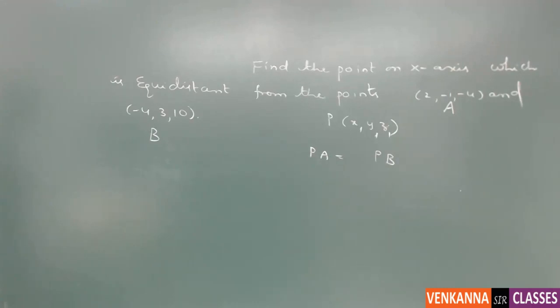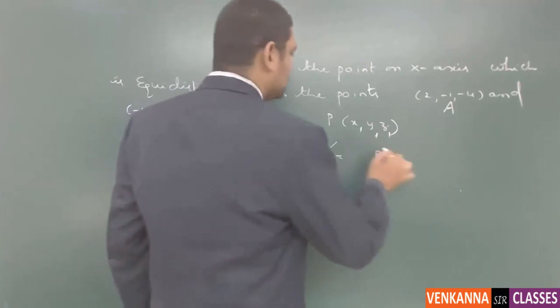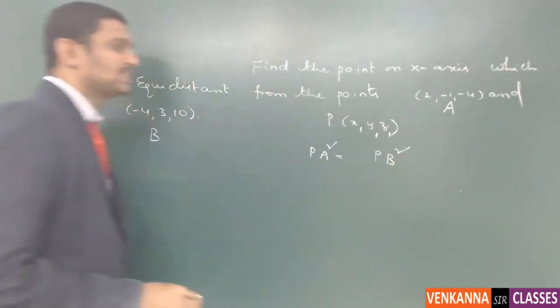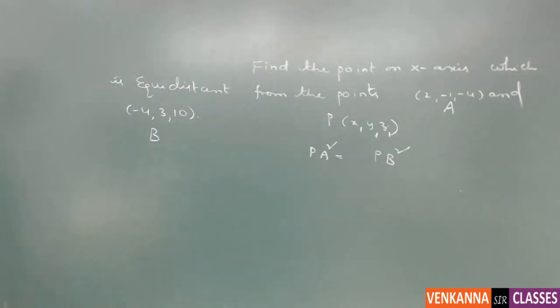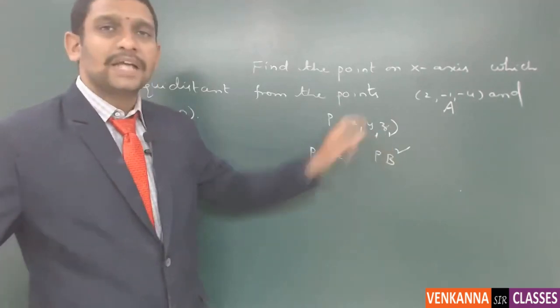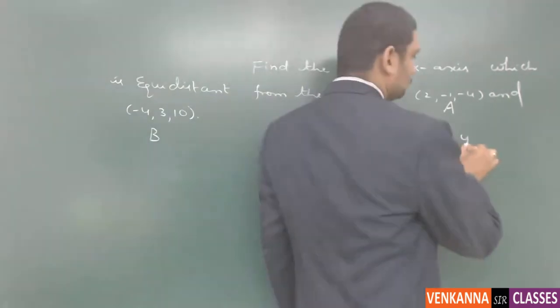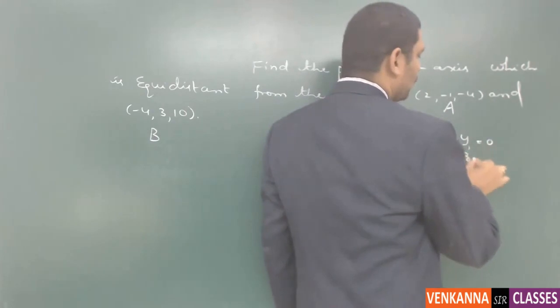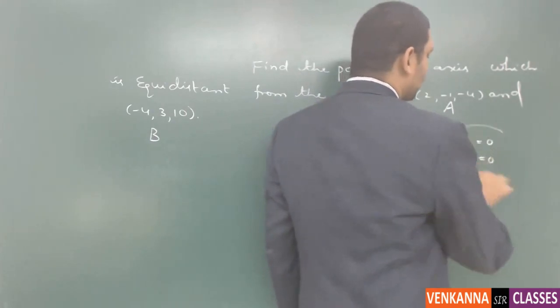So you can take squaring on both sides. So you have PA square is equal to PB square. Since the point P is lying on x-axis, its y coordinate as well as z coordinate are 0. So you have y1 equal to 0 as well as z1 equal to 0.